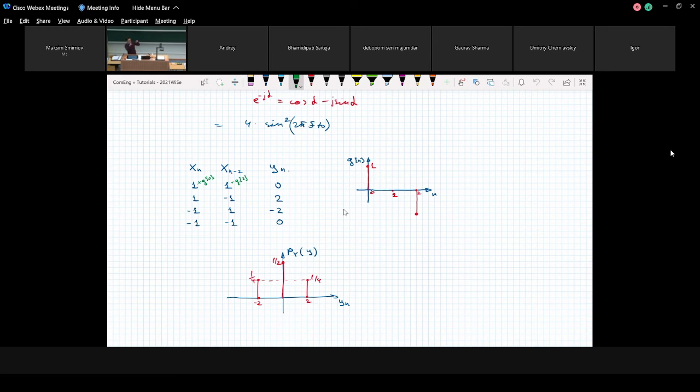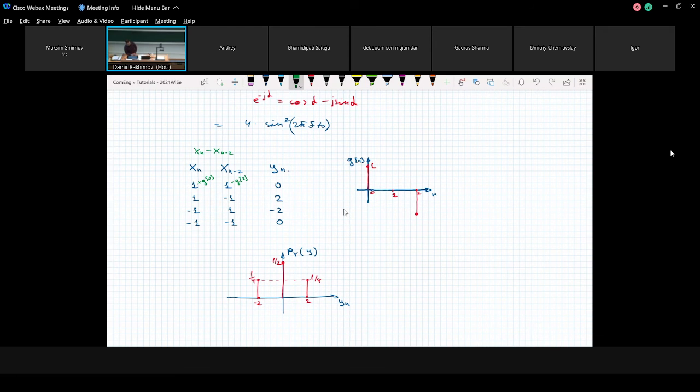Then you go through all these products. Actually, what we calculate in the end is x of n minus x of n minus 2. We just calculate the difference between possible pairs of symbols. This is what you get for y of n.